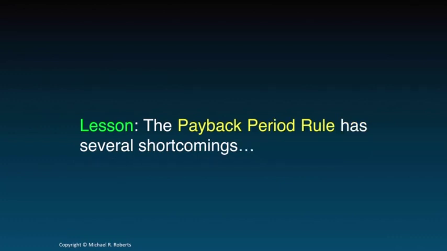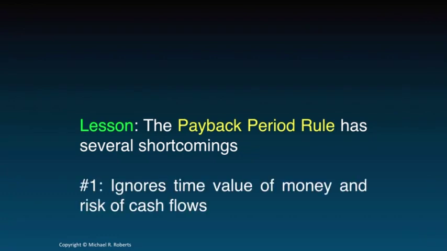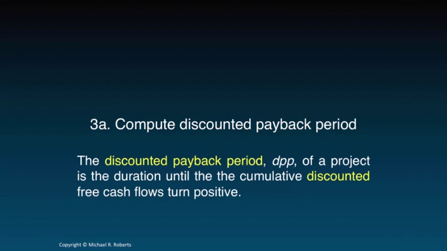But it should be immediately clear that the payback period rule has several shortcomings, the first of which is it's ignoring the time value of money and risk of cash flows. The first sin that we learned way back at the start of the course. But fortunately, that's actually quite easy to deal with. We can compute the discounted payback period by discounting the free cash flows, right? The discounted payback period of a project is just the duration until the cumulative discounted free cash flows turn positive.